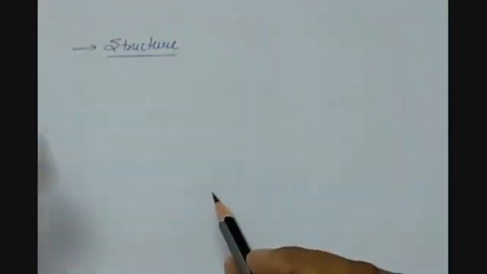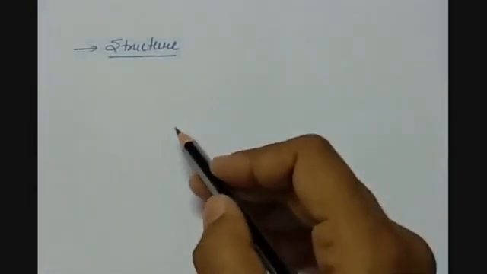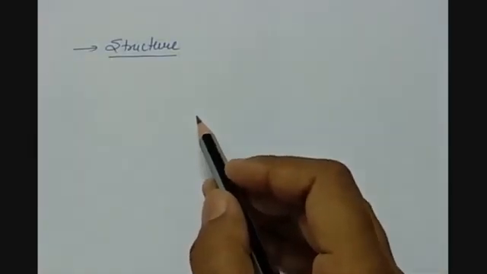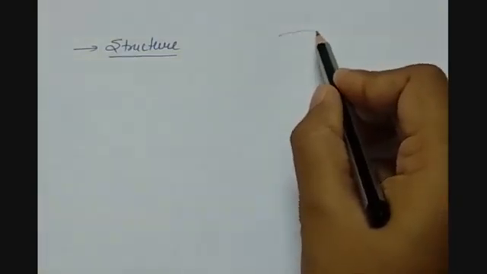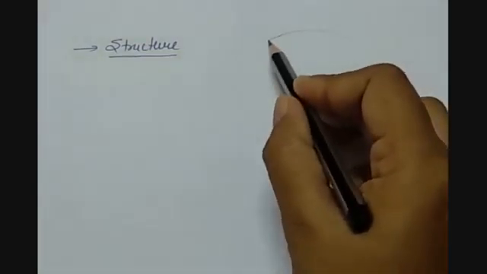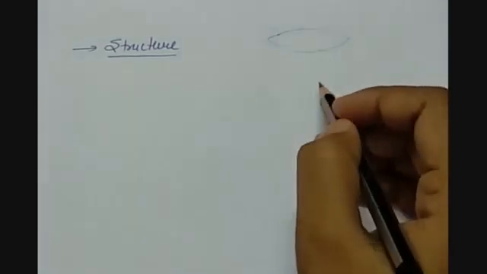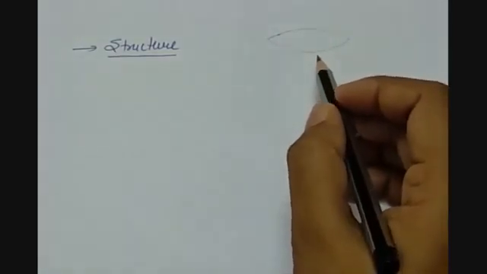I'm drawing here in front of you so that you can draw it easily. So dear students, we see that human eye is almost of this shape when we see it from the front.